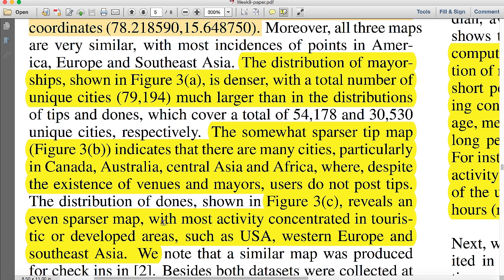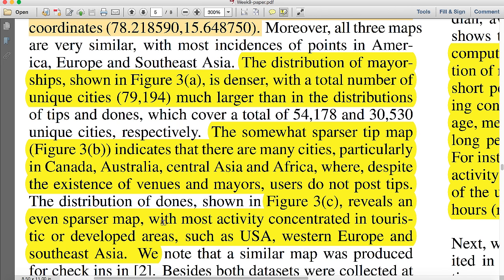And if you look at figure 3B, the somewhat sparser tip map indicates that there are many cities, particularly in Canada, Australia, Central Asia and Africa, where despite the existence of venues and mayors, users do not post tips. So there is a chance that there are mayorships in that location, but not tips.